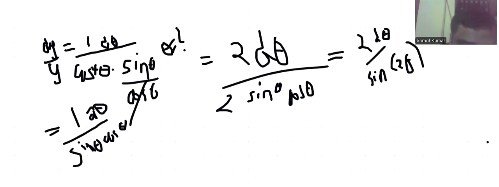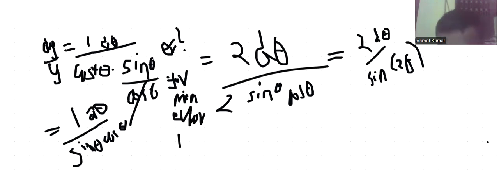Now you see, for minimum error in y, this is basically dy upon y.